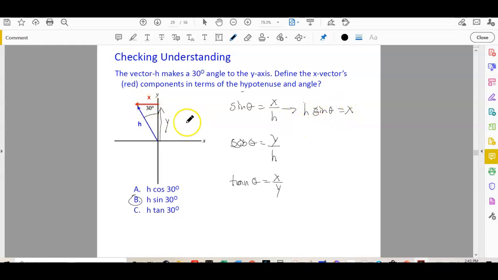And if you're given both sides, y and x, and you need to get theta, you should be thinking in terms of tangent, which means inverse tangent is going to be equal to opposite over adjacent. So I'm trying to get you to chunk your knowledge now.